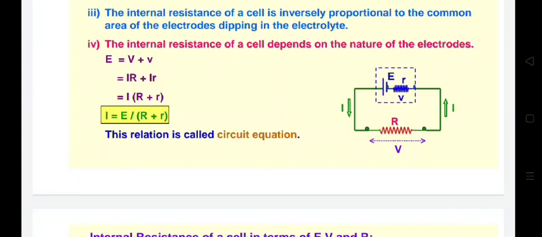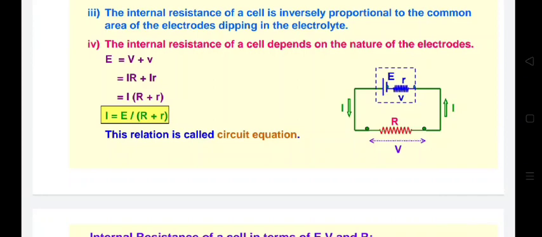Okay, so we know that the EMF of the cell should be equal to the terminal voltage plus the voltage across the internal resistance of the cell. E should be equal to V plus v. That is, EMF of the cell should be equal to the terminal voltage and the internal resistance voltage of the cell.